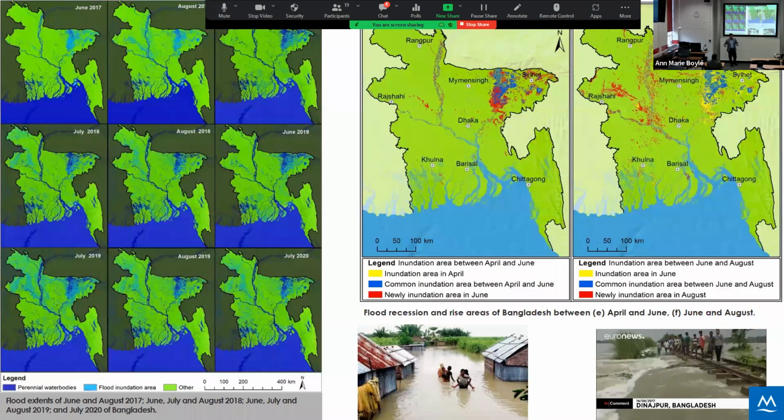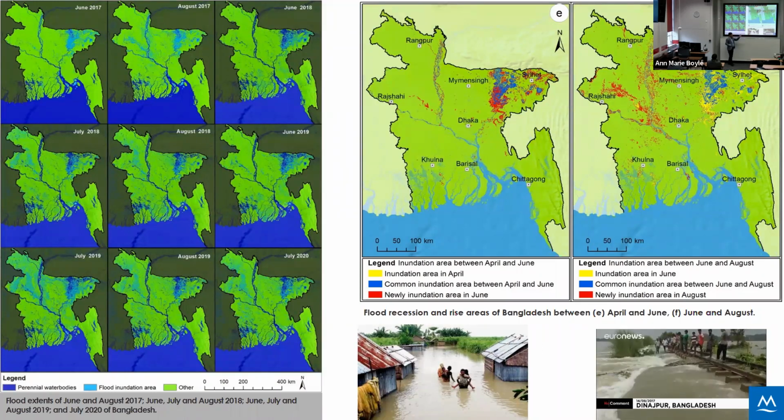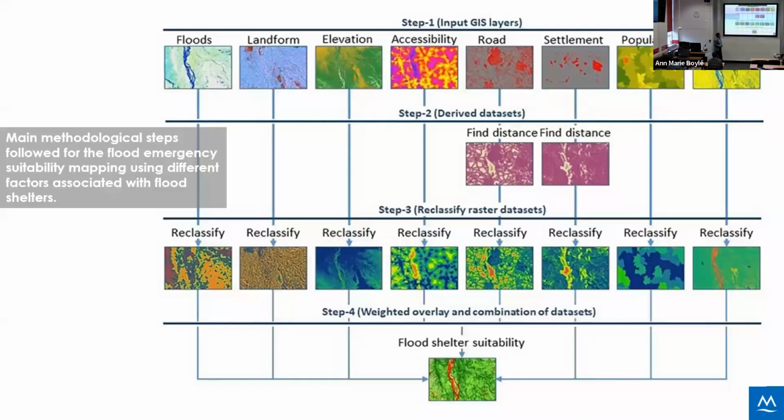In some areas you see the flood has already declined. This is also very important. If your crop area is inundated for maybe two weeks, your paddy will not survive. So for any crop, those types of things are very important. Also, where is the newly inundated area, or where has the flood declined? And this is some photo also.